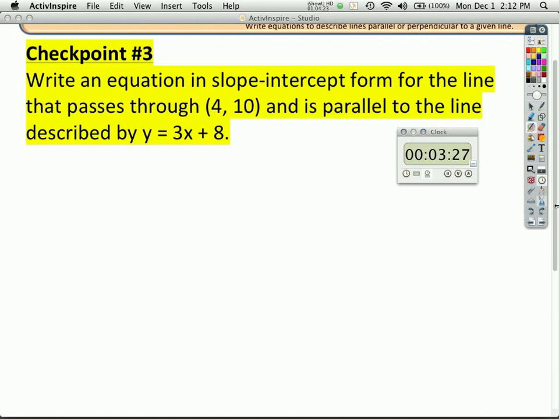Did you write down any of the information? What? What's negative?